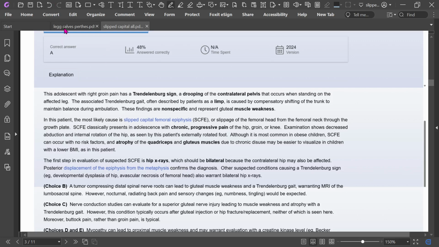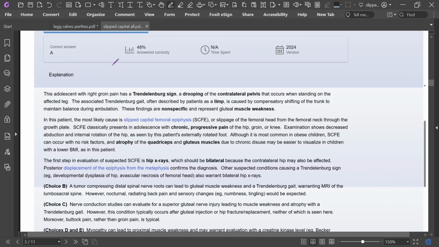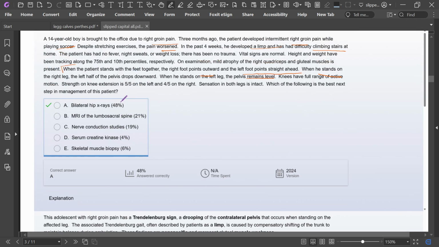A positive Trendelenburg sign is also present in Legg-Calvé-Perthes disease, but in that there is hip pain and restricted hip abduction and internal rotation. But in slipped capital femoral epiphysis there is no problem in hip abduction and internal rotation.